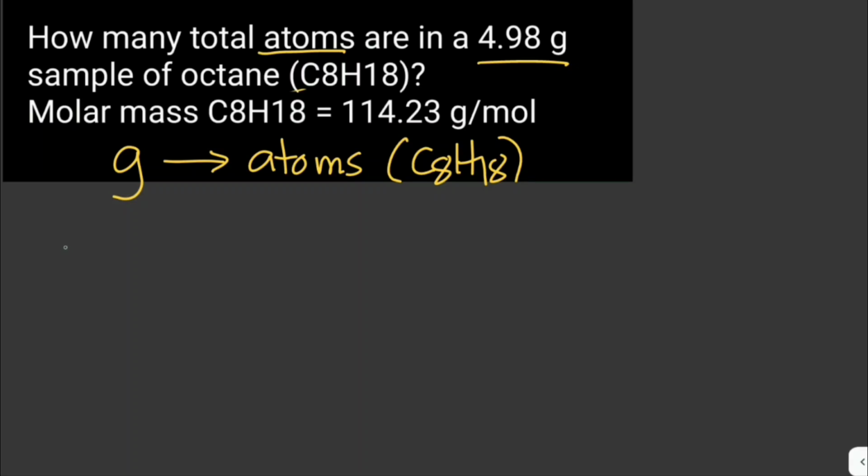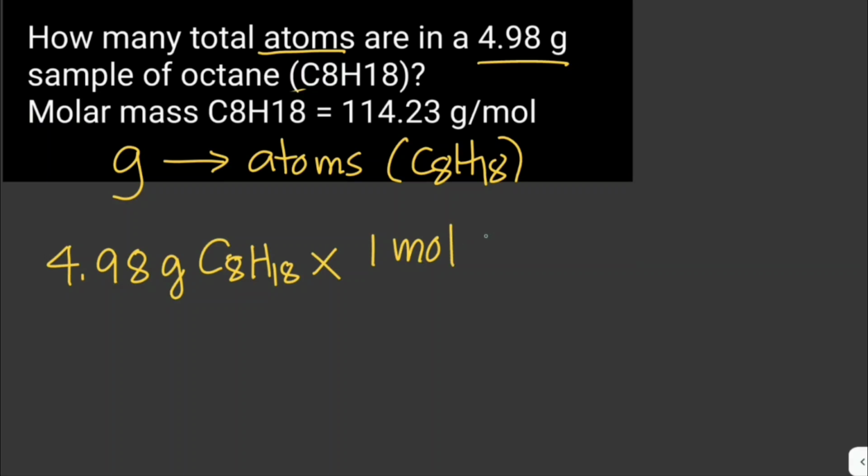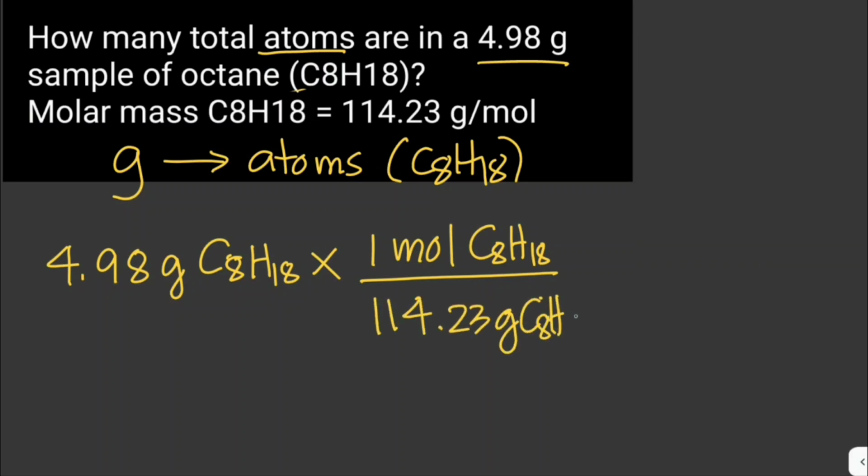So we start with 4.98 grams of octane, and then we multiply this by the molar mass of octane, which is 1 mole of octane is equivalent to 114.23 grams of octane.